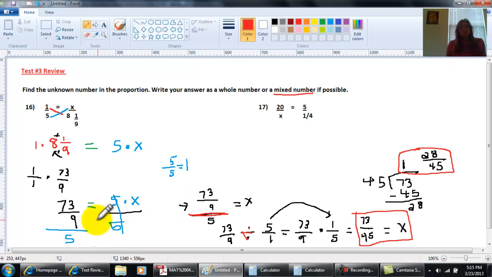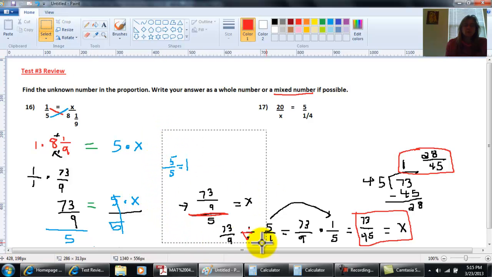Well, that means you have to take 73 over 9 divided by 5, so you make it horizontal, and multiply by the inverse, because you change division to multiplication. And you get 73/45, which is improper, so you change it to a mixed fraction. Alright, and I'm not going to have room, so I have to eliminate this problem. But you can always rerun and watch what I did.